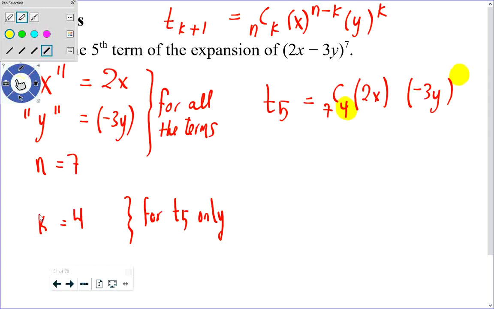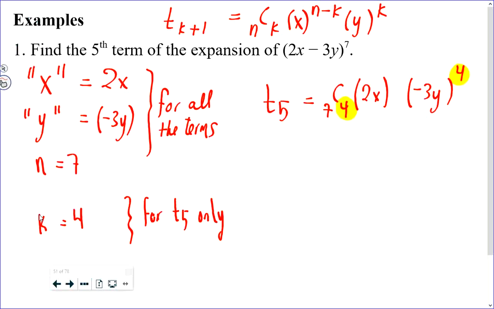So as soon as I see 7 choose 4, well, then I know that y is raised to the 4. Then what I do is I simply say that this other exponent on x has to add to give 7. The sum of the exponents is always going to give you n. Well, that means this is 3.